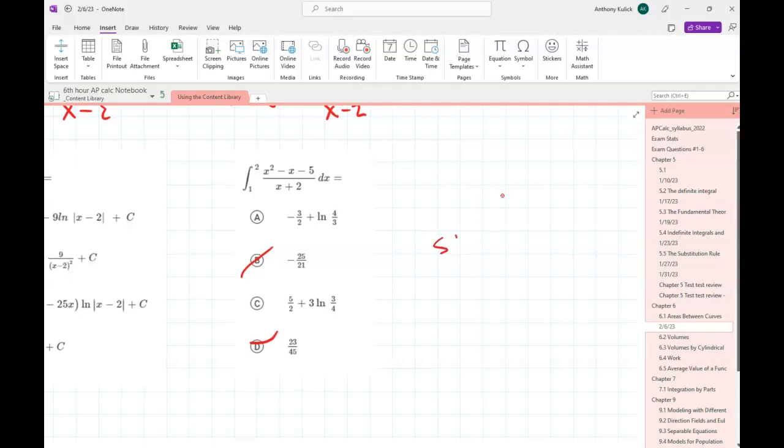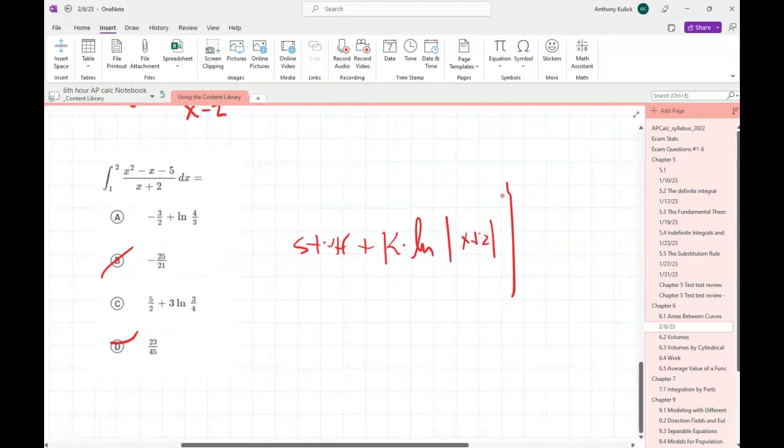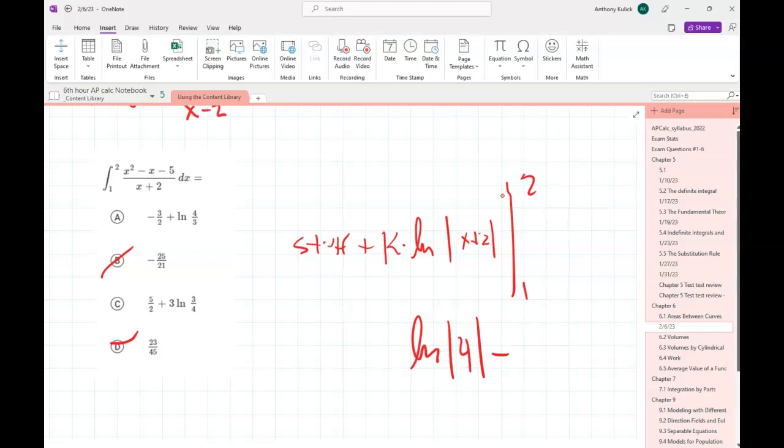Well, I know that I'm going to have stuff plus a constant times the natural log of x plus 2. And then I'm going to evaluate that from 1 to 2. So I'm going to end up with the natural log of 4 minus the natural log of 3. Wait, how did you do that?